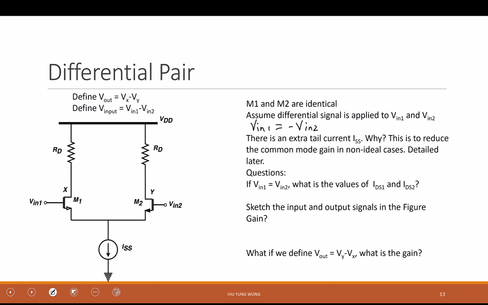Now, let's assume I don't have small signal at this point, right? Although I say it's differential, the DC bias needs to be the same because they need to be identical. We're talking about small signal differential. They still have the same common mode.